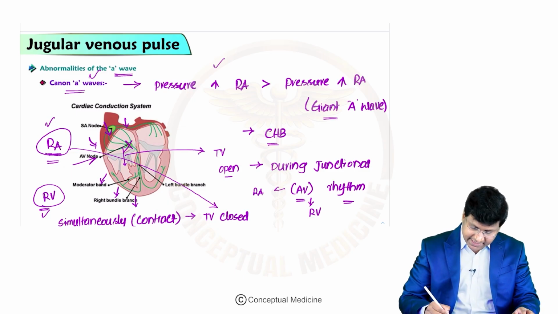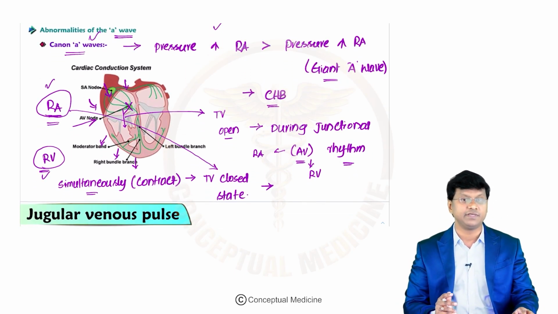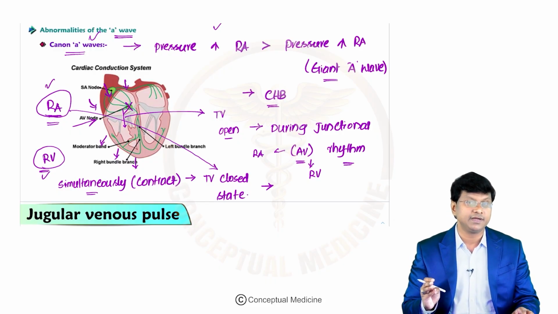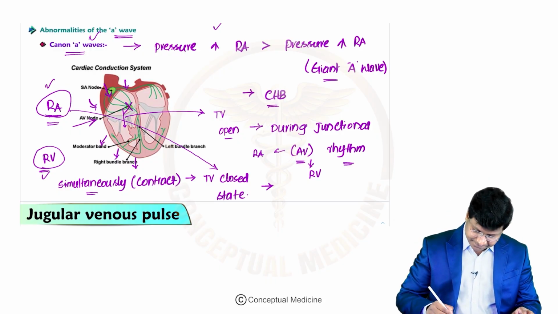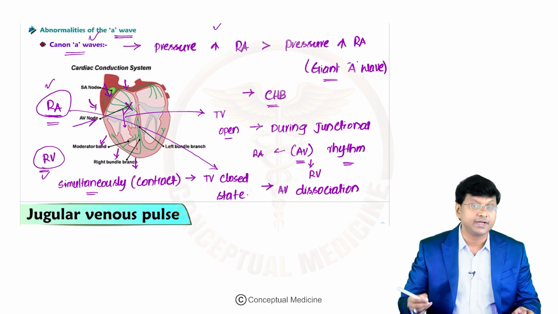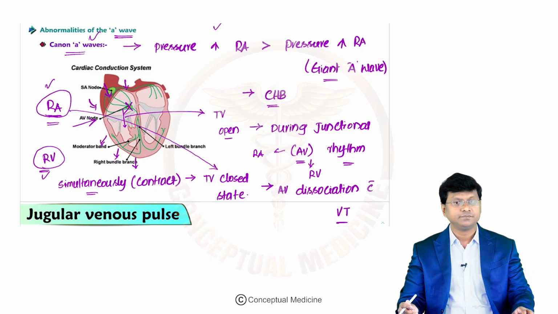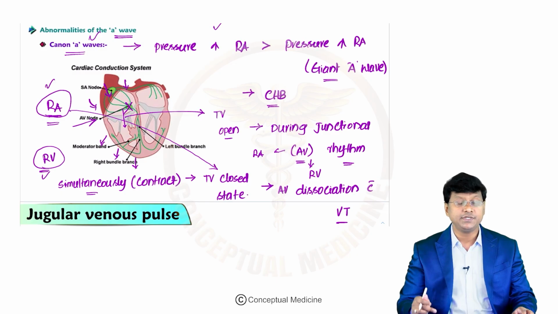Okay, next, the other condition where you will have the presence of the Cannon A wave is atrioventricular dissociation with ventricular tachycardia.